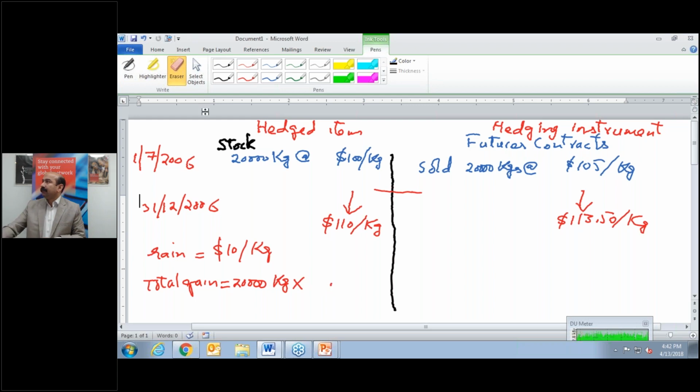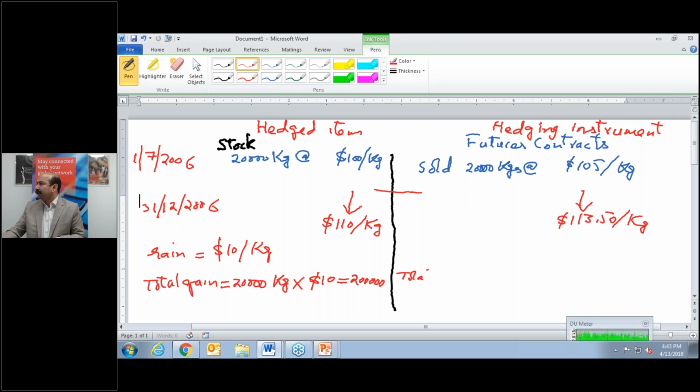Living in a rupee environment, you again and again write rupees per kg. So this will give us 200,000. So this is a gain of $200,000. Here is a loss.